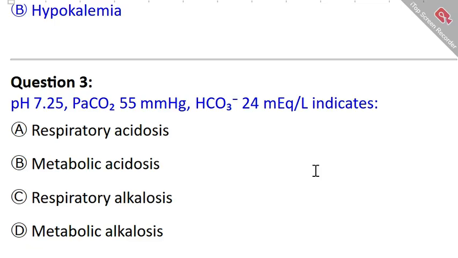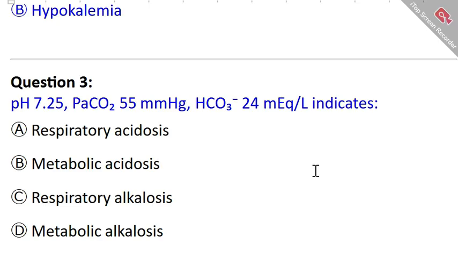A pH of 7.25, PaCO2 equal to 55 millimeters of mercury, bicarb is 24 milliequivalents per liter. Does it indicate respiratory acidosis, metabolic acidosis, respiratory alkalosis, or metabolic alkalosis?